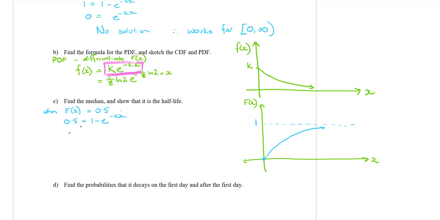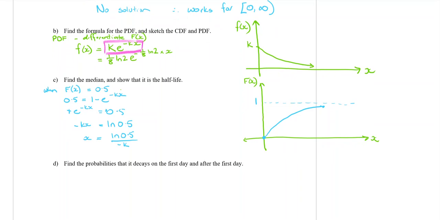Minusing 1 from both sides, I would get negative e to the negative kx equals negative 0.5. We can cancel the minus signs off though, and then do a sliding base. So negative kx equals ln of 0.5. x would be equal to ln of 0.5 over negative k.